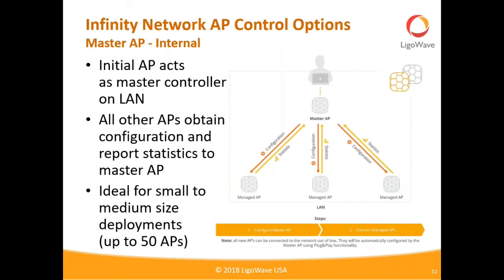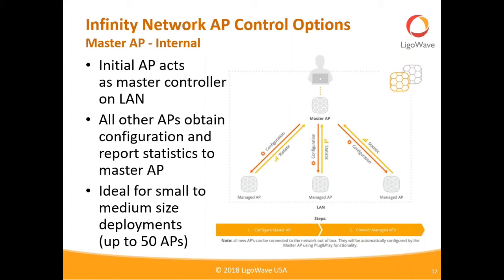As you start getting into larger networks, then you want to have some type of control. And you can either have local control, where one of the APs acts as the master controller. So the AP itself takes on the control function. And then that configuration is replicated onto all of the other APs on the network, and all of the other APs provide their statistics back to the master AP.